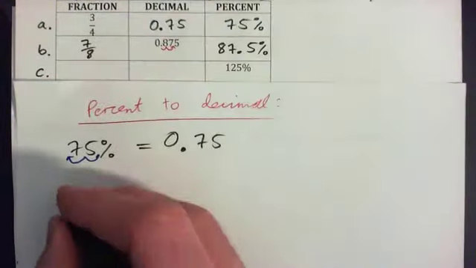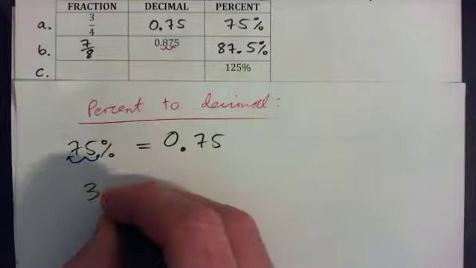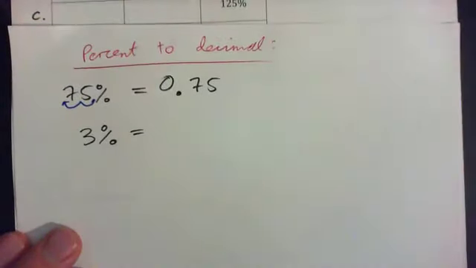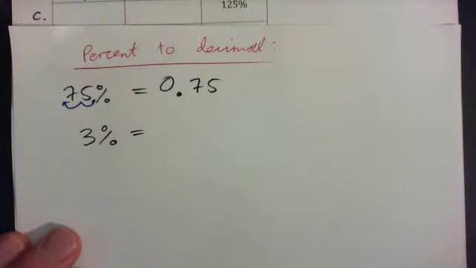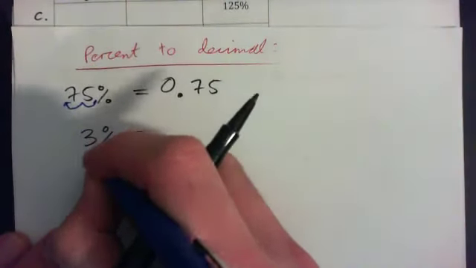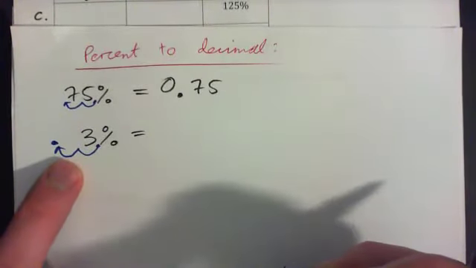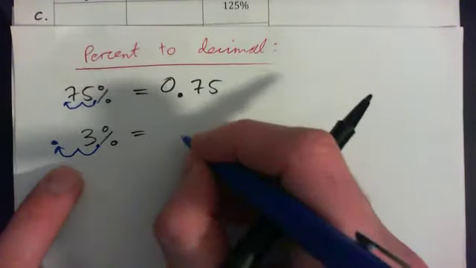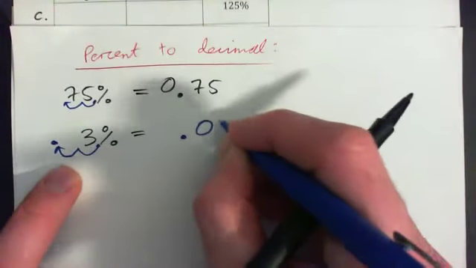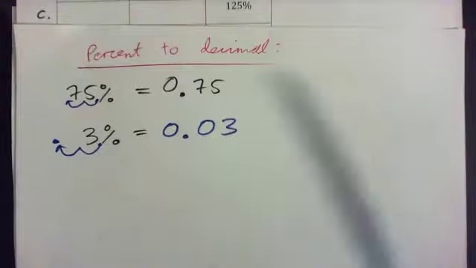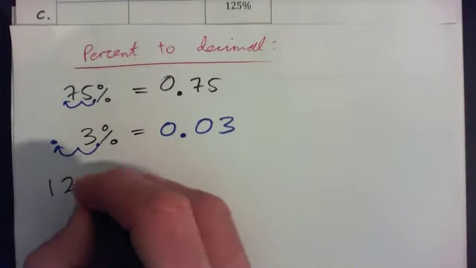So if we have 3%, how would you convert that to a decimal? Take the decimal point, move it 2 spaces to the left, put it here, but we've gone 2 spaces, so there must be a 0 in front of it. 0.03, okay? And our one that we need to do is 125%.